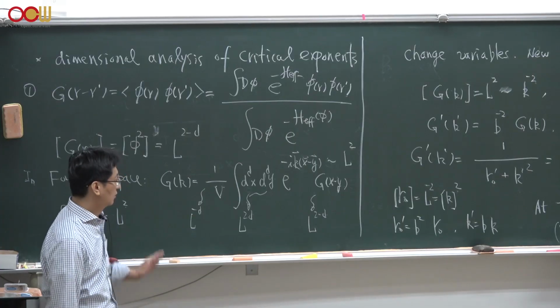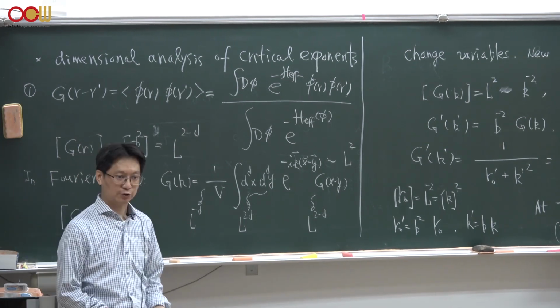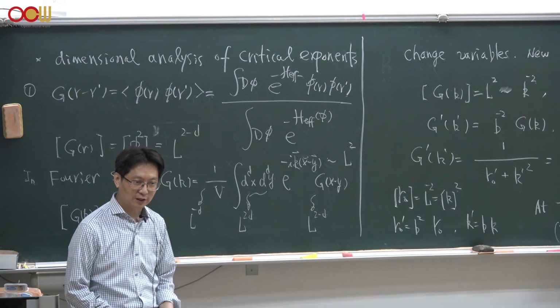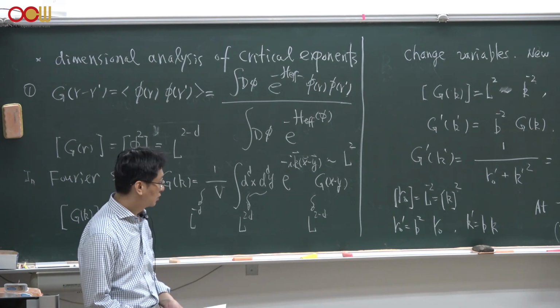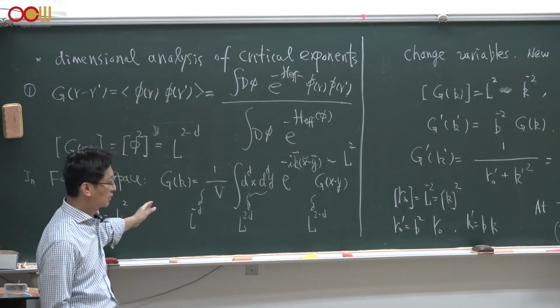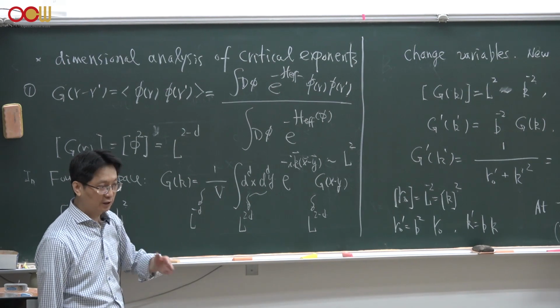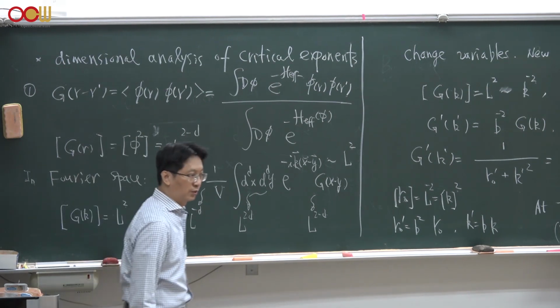In other words, from simple dimensional analysis, we will get incorrect critical exponents for the correlation function g and for the correlation length ξ. So we will demonstrate this simple dimensional analysis, and later we'll point out what the problem is.